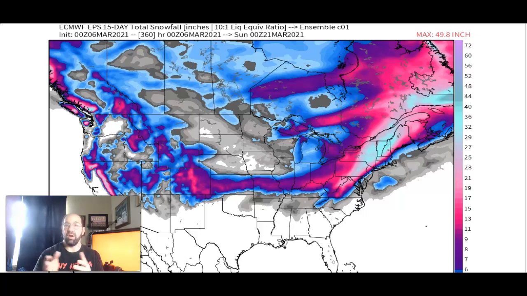Because you have a higher sun angle, you have different snow ratios in the atmosphere, and even in the dead of winter, you could have some locations that are 20-to-1, some locations that have mixing, and some of the model parameters don't factor that in. Some do, but do you understand which one does?